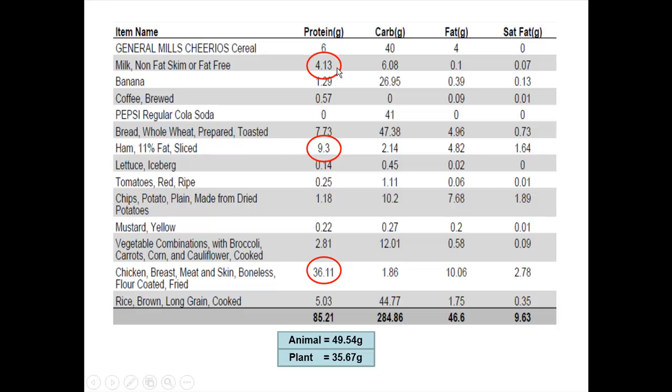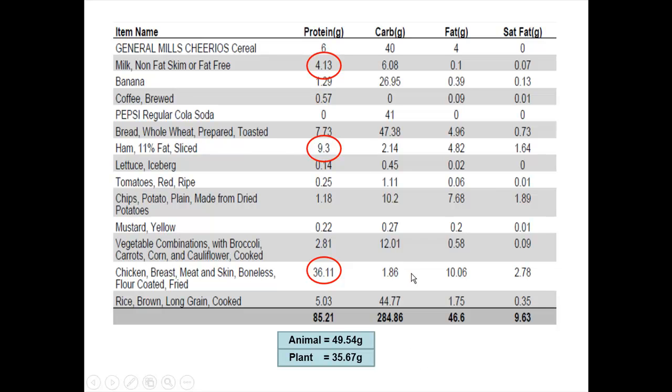But in this case, I just chose to do the animal. So there's this plus this plus this gives me this much. If I take 85.21 minus 49.54, that gives me the plant. So you don't have to add them both, just add one and subtract from the total, because this total equals plant and animal together.